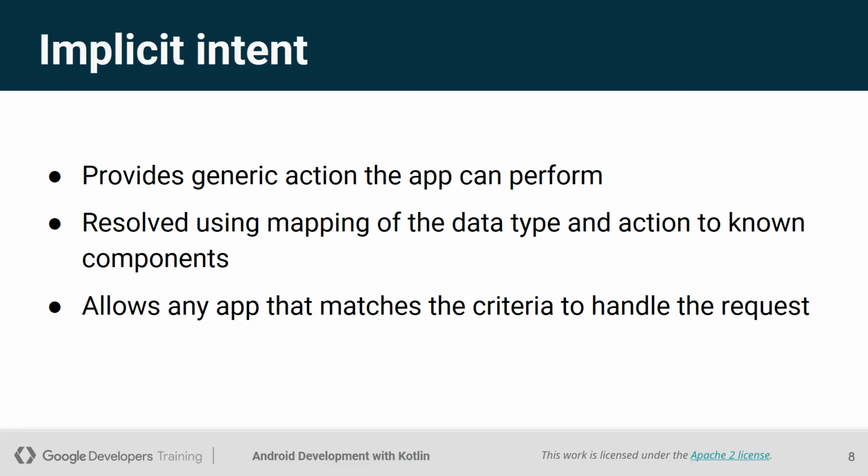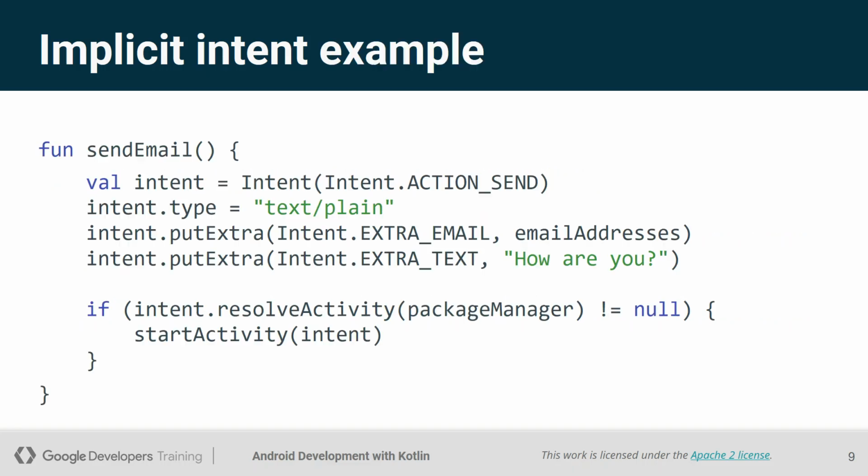And it also allows any app that matches the criteria to handle the requests. So that's what happens in the implicit intent. So in an examination question, if asked to distinguish between implicit and explicit intent, you should be able to tell that. And I know you got that kind of question in your CAT.